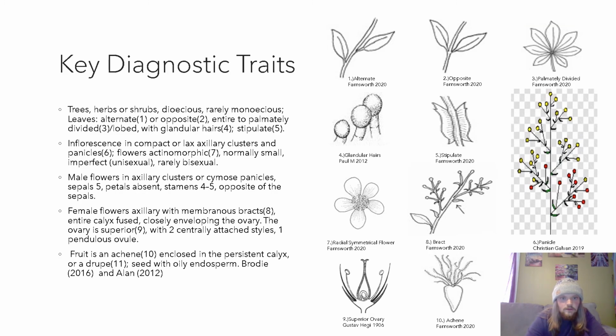And it's enclosed by a persistent calyx, or a drupe, and a drupe is a fleshy one-seeded fruit with the pericarp differentiated into an exocarp, a mesocarp, and a stony endocarp that encloses the seed.